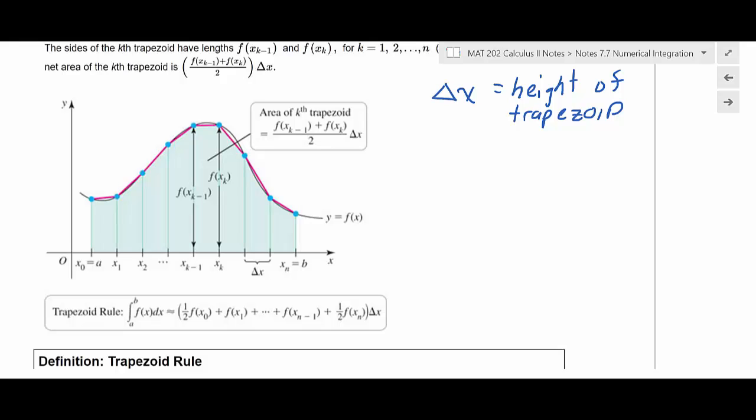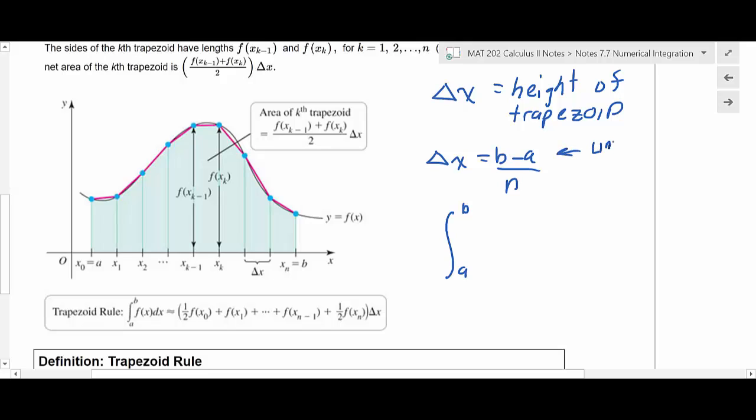So what you're doing is summing all these trapezoids up. Delta x on these is always b minus a over n. If you have an integral from a to b, those are the limits of integration, and n is the number of trapezoids that you're going to use. Now this trapezoid formula is a shortcut.